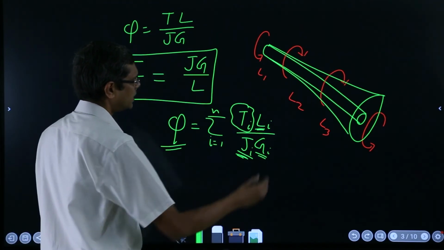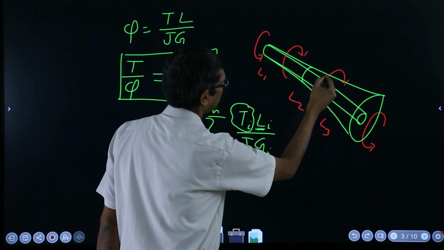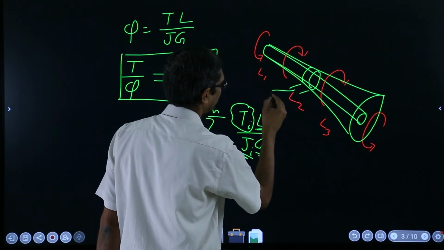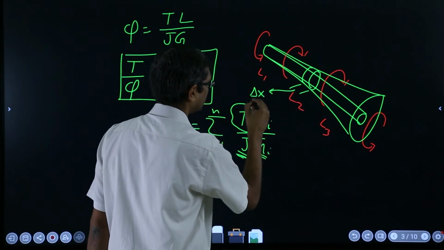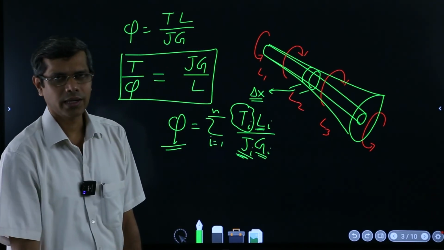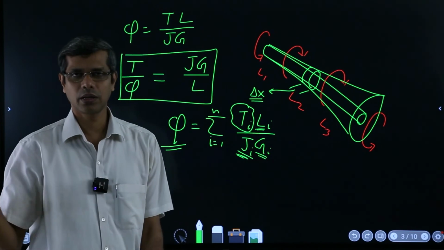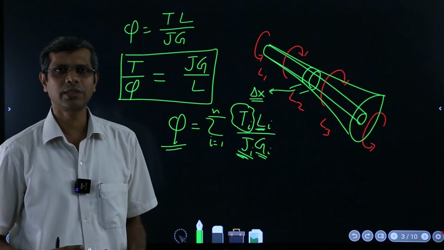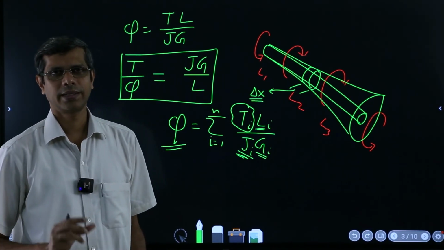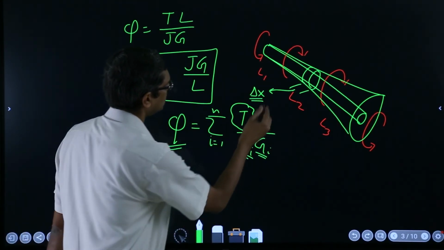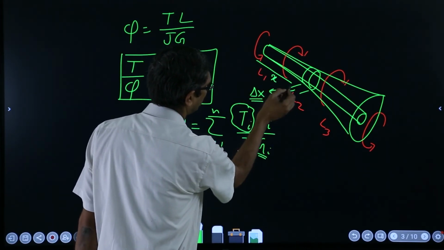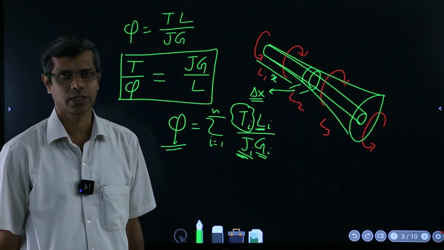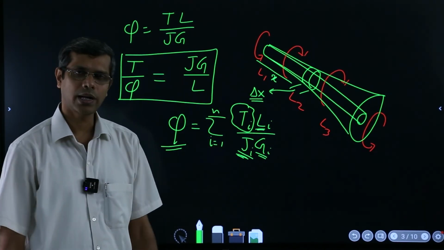So what you can do is think of a small segment somewhere, of length dx, and the torque in that case will be the same wherever you think of. Suppose this is at a distance of x from here, you can calculate the area of cross section at that location, subjected to that torque.